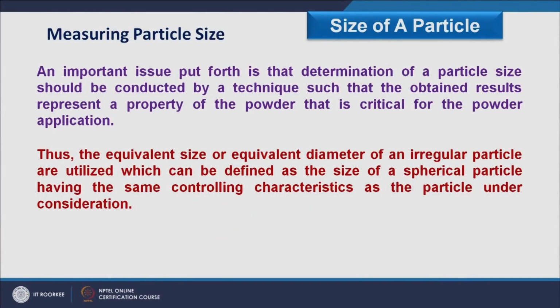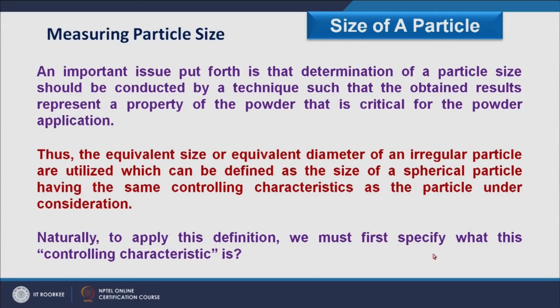Thus the equivalent size or equivalent diameter of an irregular particle is utilized, which can be defined as the size of a spherical particle having the same controlling characteristic as the particle under consideration.